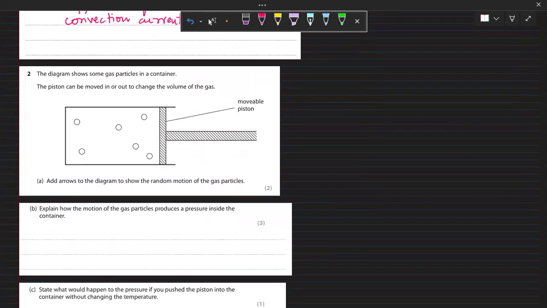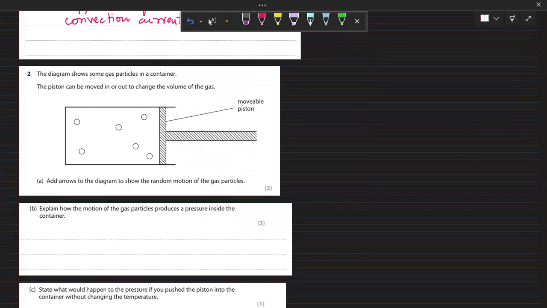All right. So here we go with another question, and it is about the piston that can be moved in or out to change the volume of a gas. So this question is related to the topic of pressure and density, right? Okay. So the diagram shows some gas particles in a container.